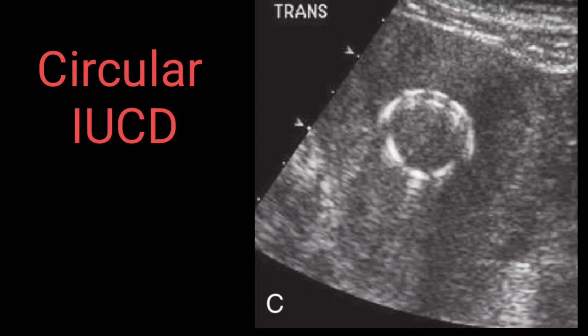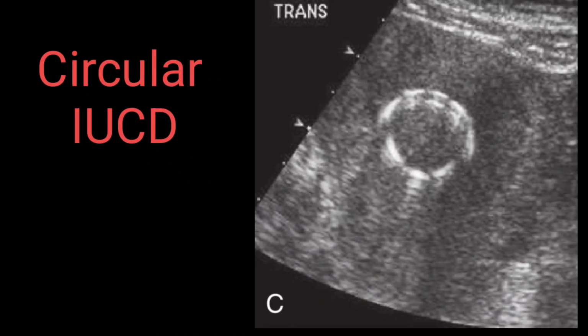So if you suspect any abnormality related to the endometrium, always go for the transvaginal scan. If you have been asked to look for endometrial thickening, go for the transvaginal scan. If there is any query about the presence or absence of an intrauterine contraceptive device, you must do a transvaginal scan.